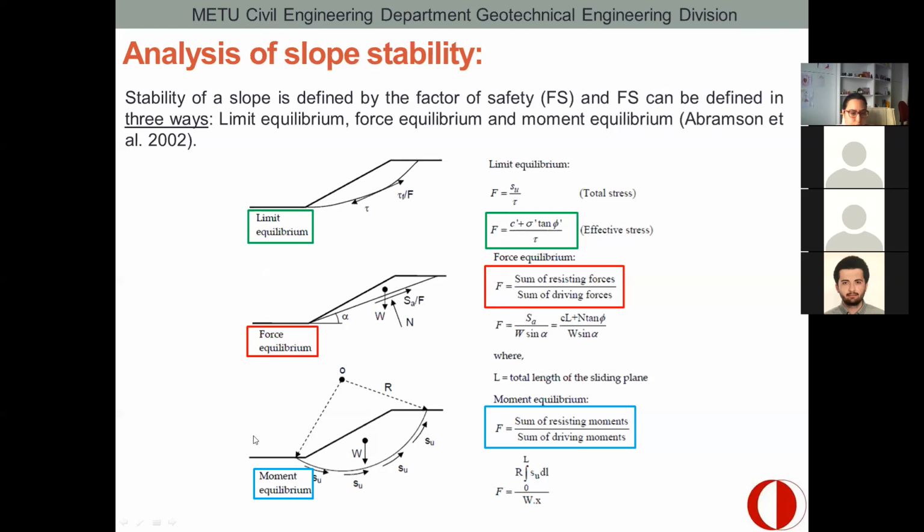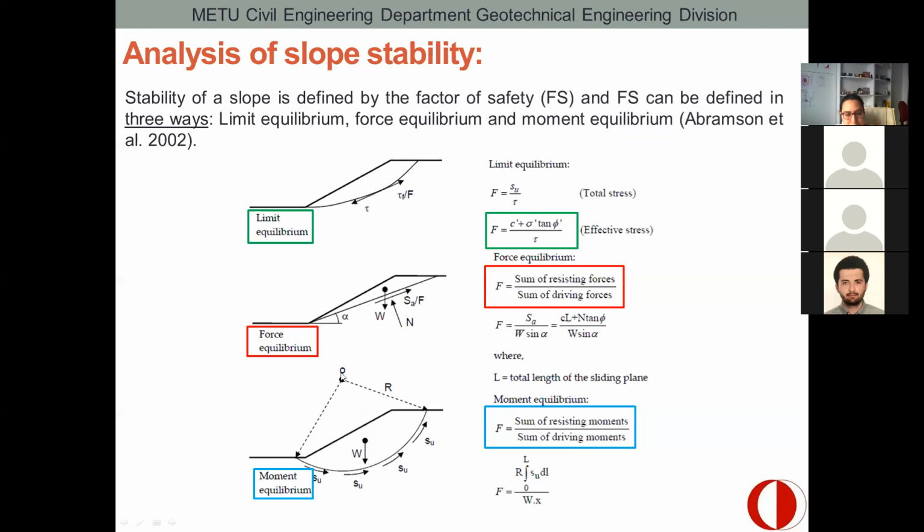The other option that's fairly easy is called moment equilibrium. As again, you can see in the sketch, to be able to use a moment equilibrium, I need to have a point, and with respect to this point, I calculate the moment. As you can see in this picture, if the slope surface can be defined by a circle, then the center of the circle is a good place to calculate the moment.